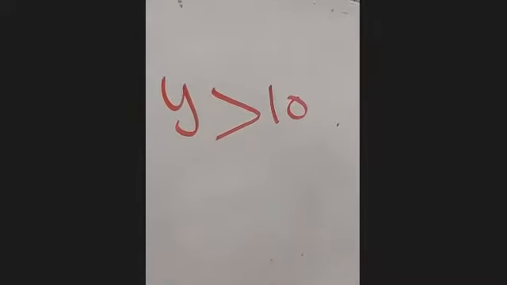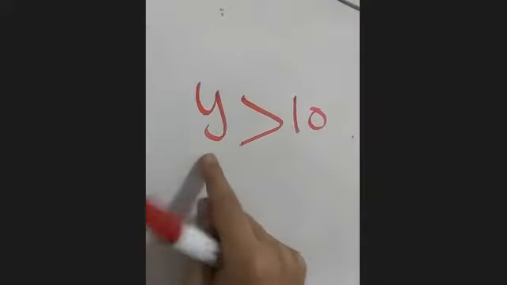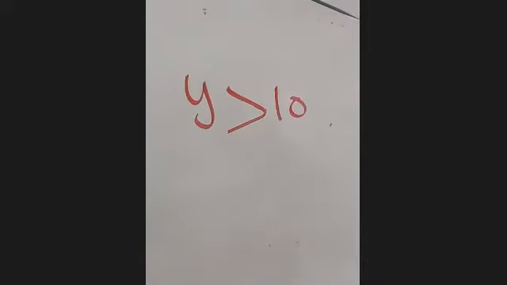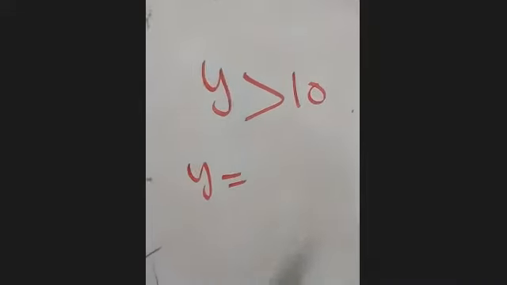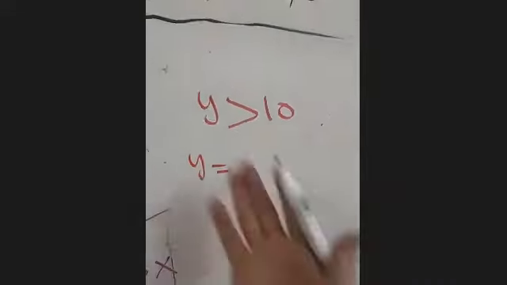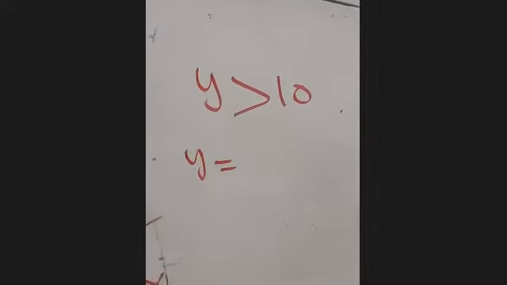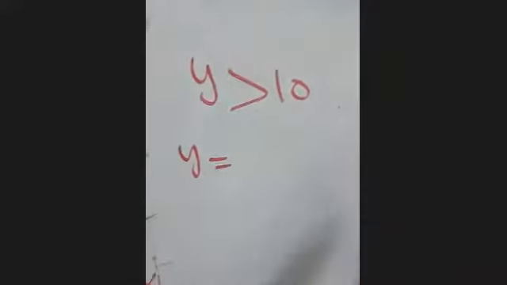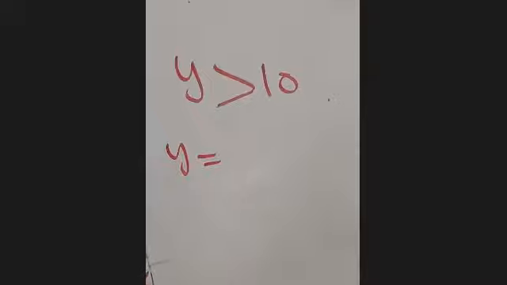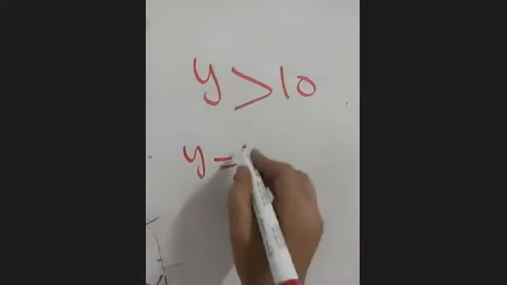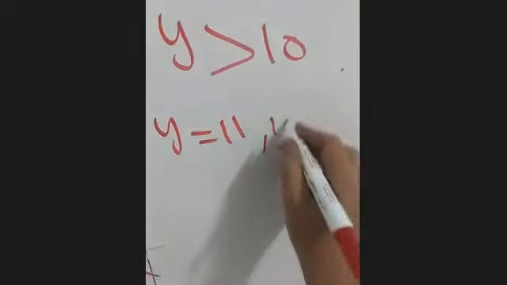Now, can I give 10 for the y? What can y be? Tell me values or possibilities for y. 5? No, 5 is not bigger than 10. Okay, 11. 12. 20.